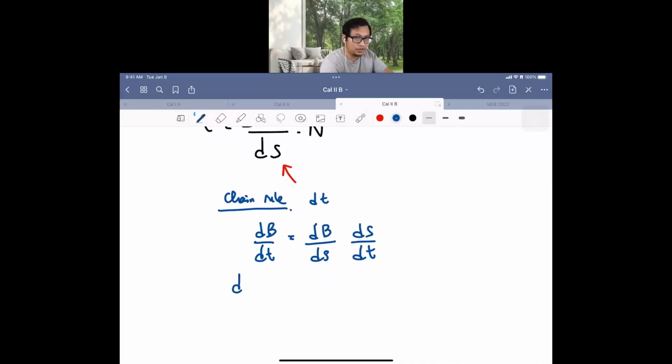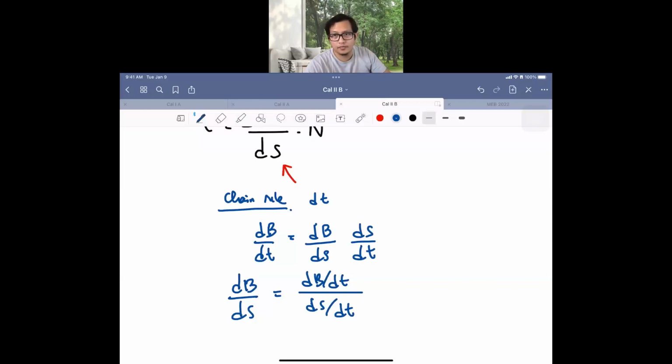We can rewrite dB over ds as dB over dt divided by ds over dt. Thus this will be B prime of t, the first derivative of the binormal, and ds over dt is the magnitude of r prime.